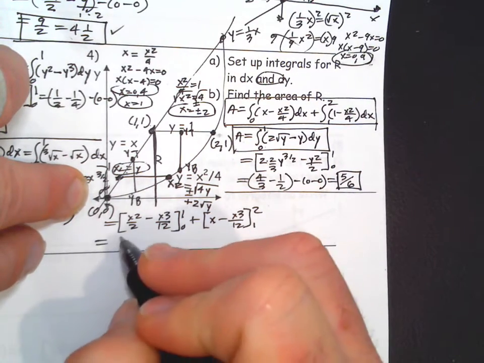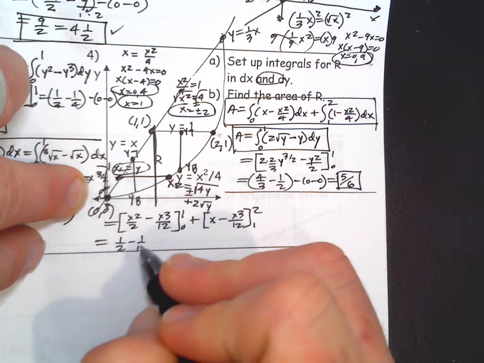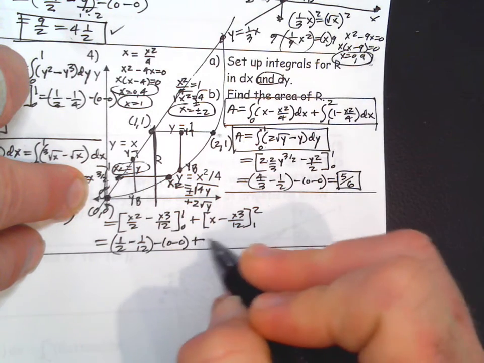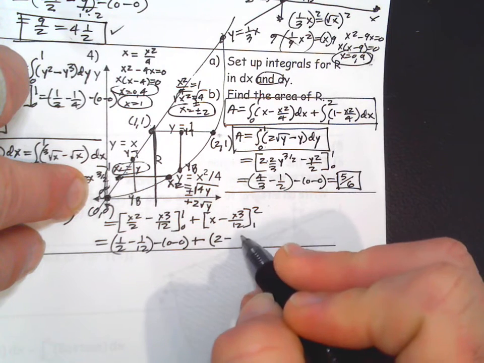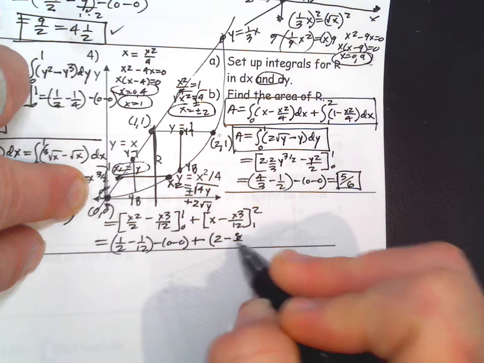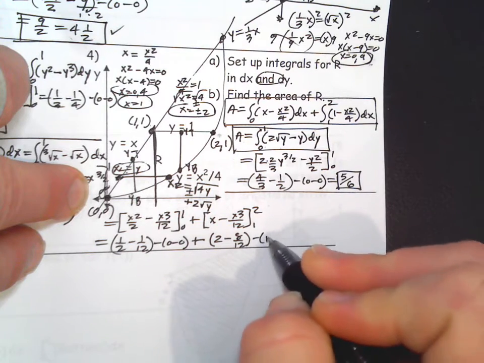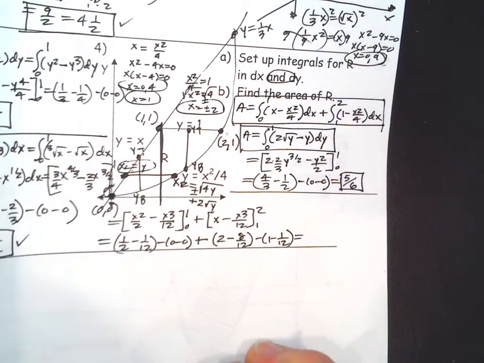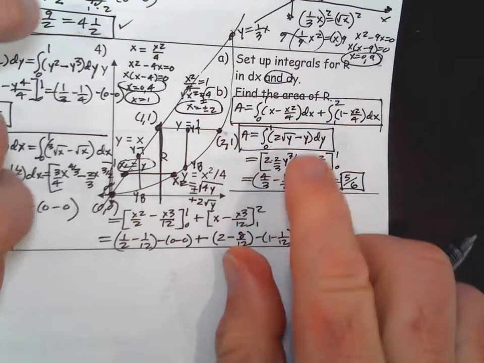This one's going to be 1 half minus 1 12th minus 0 minus 0, plus this one's going to be 2 minus 8 twelfths minus 1 12th. I mean, this is a lot. There's a lot more little numbers and stuff than that nice quick one.